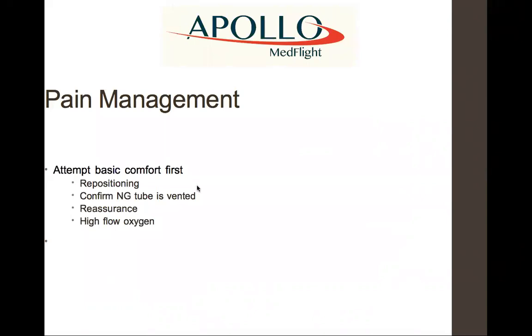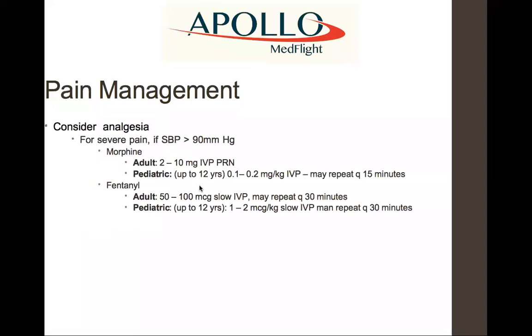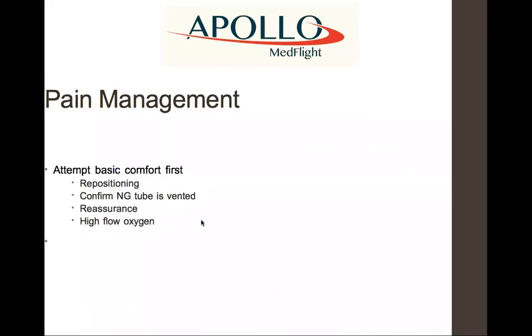Repositioning, we touched on that a little bit. Padding backboards, changing the angle of the semi-Fowler's, all that stuff. Confirm the NG tube is ventilated. Nothing's worse than feeling bloated. We've all had a few too many beers and really felt our abdomen being extremely distended.